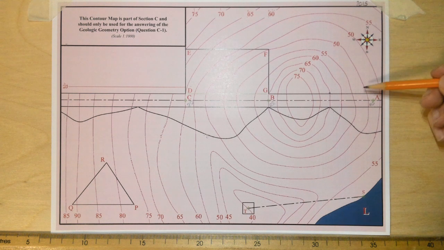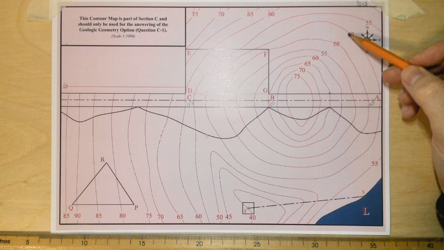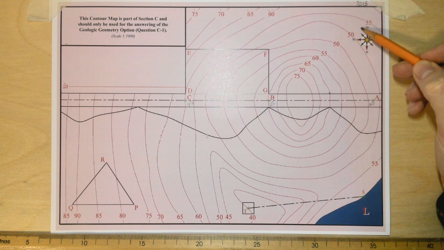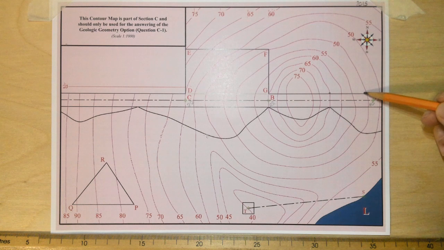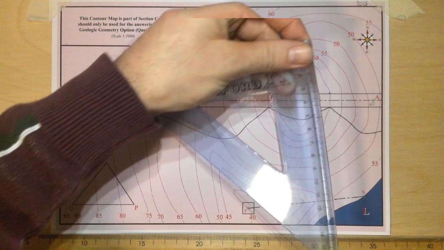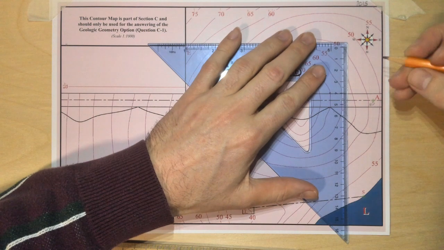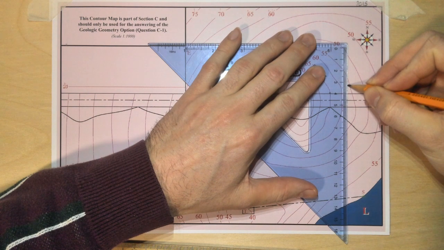To figure out the distance between them, you take the difference between the contours, 5 metres, multiplied by 1.5 because that's your slope for embankment, which gives us 7.5. So we measure up in 7.5s here for the intervals.